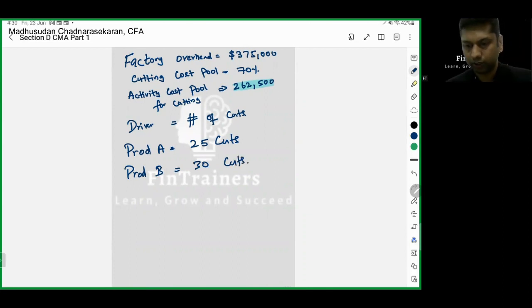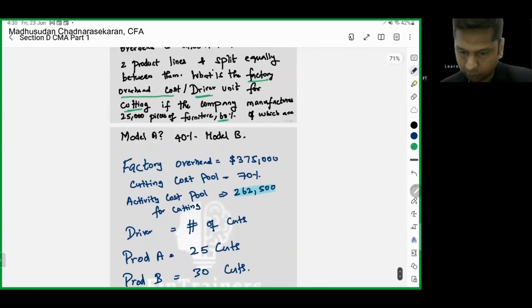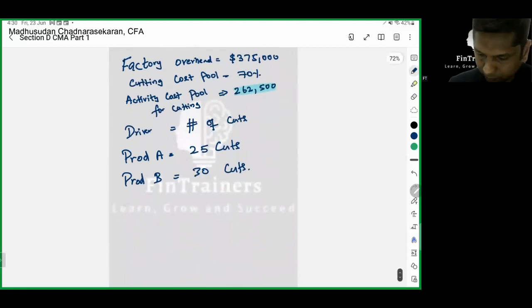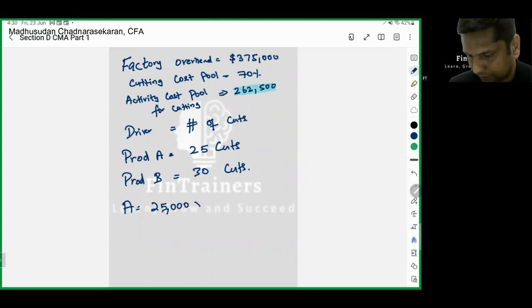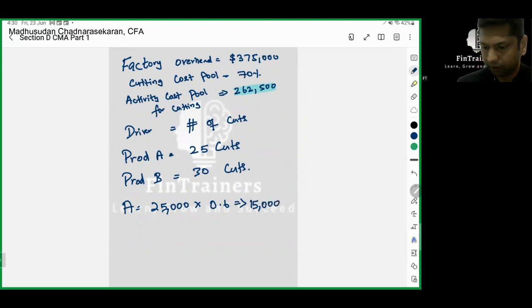Product A, we need to do 25 cuts, and for product B, we need to cut 30 times. So totally, how many product A did we produce? We produced 25,000 in total, out of which 60% is product A. What is this number, please? 15,000. And product B will be the remaining 10,000.